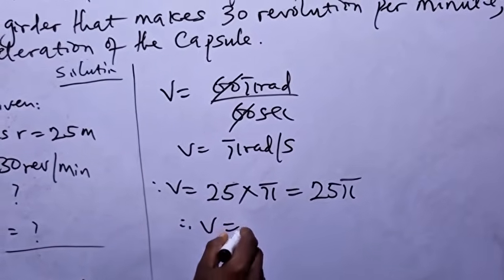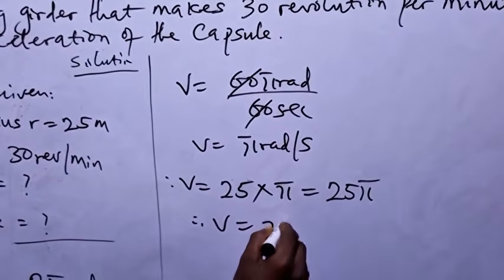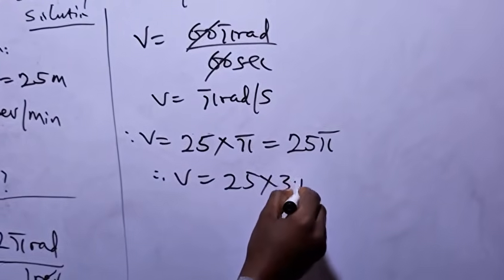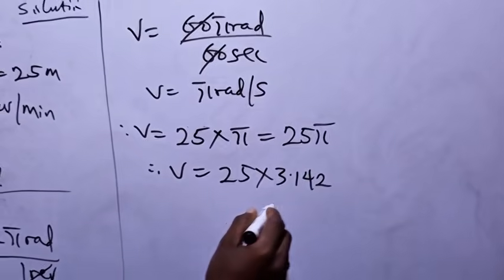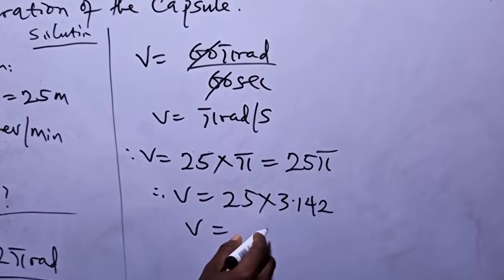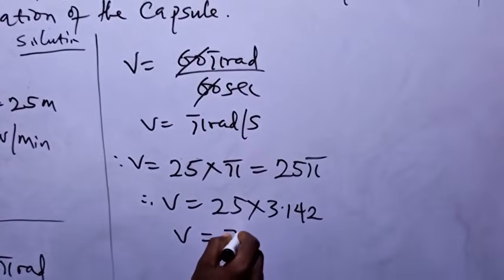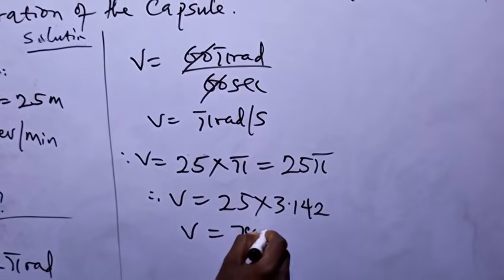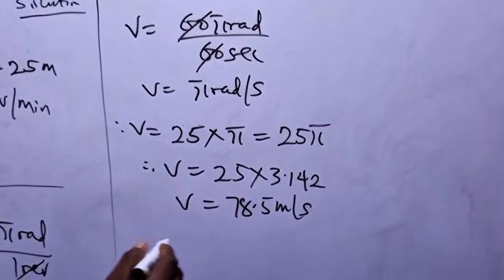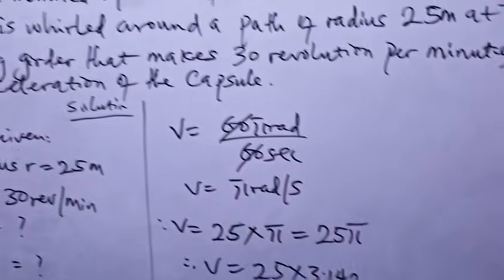Therefore, velocity here is 25 pi, where pi is 3.142. So velocity here is equal to 25 multiplied by 3.142. You have 78.5 meters per second.